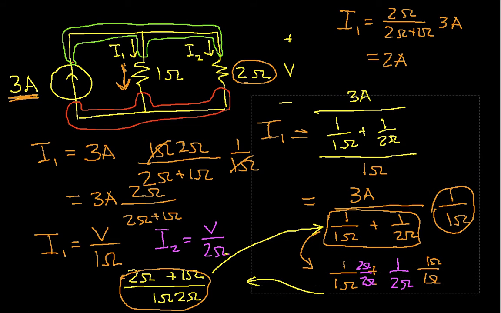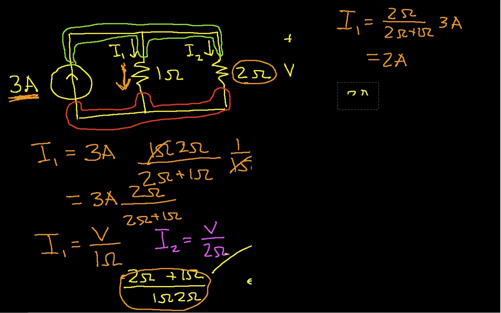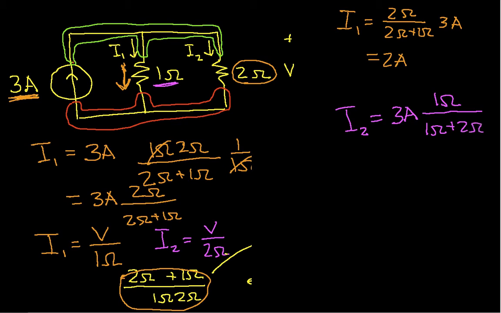It shouldn't be. So let's clear out a little bit of space and do I2, and we'll just use the pattern that we've noticed. I2 will be 3 amps, that's the current flowing through the parallel combination of the 1 ohm and 2 ohm, times 1 ohm, that's the value of the resistor that the current's not flowing through, over 1 ohm plus 2 ohms, which turns out to be 1 amp.